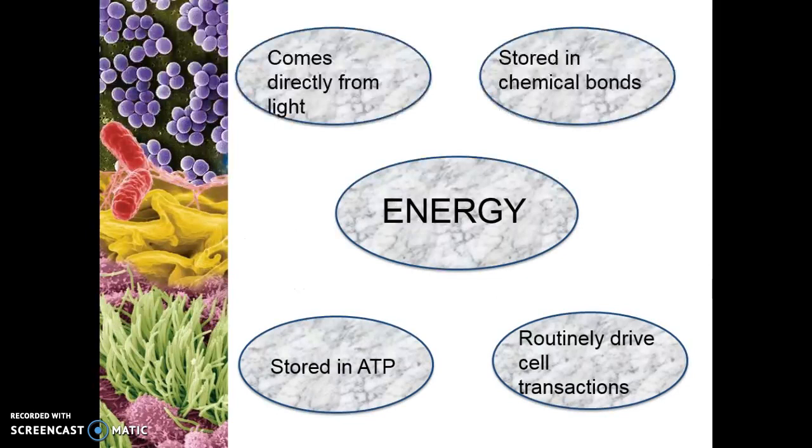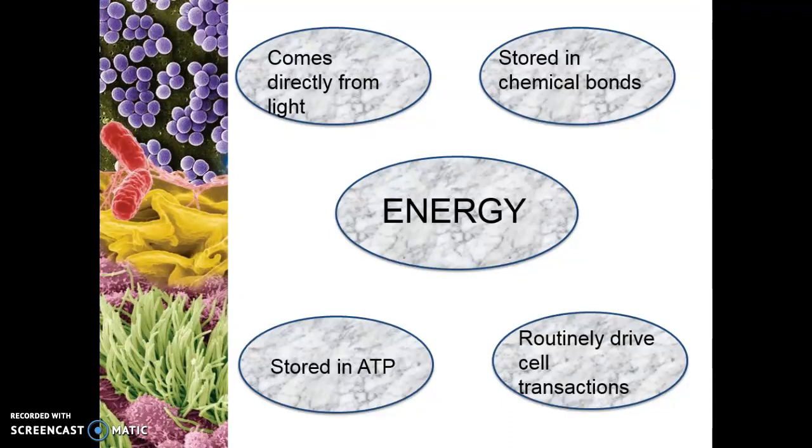All right, so energy, you hopefully know, can come directly from light. If an organism is photosynthetic, they utilize the energy from light. But a lot of times we have cells that are not photosynthetic, like animals. And so we're going to have to utilize energy by pulling in chemicals. Energy is going to be stored physically in the chemical bonds.